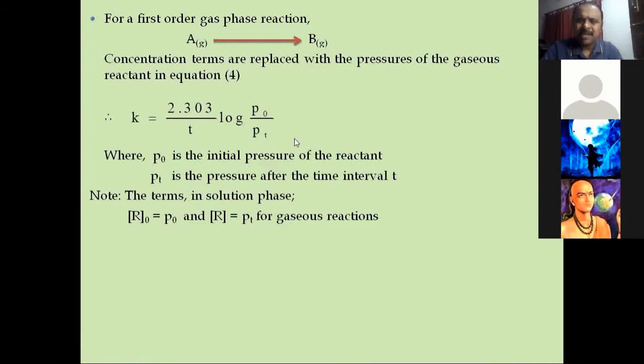In some books they give capital T, so there is a little variation in these symbols. Conceptually, you understand: the numerator is the initial pressure, and Pt is the remaining pressure of the reactant at time T. Let it be any symbol. Accordingly, you can go. So this is for the gaseous phase reaction.